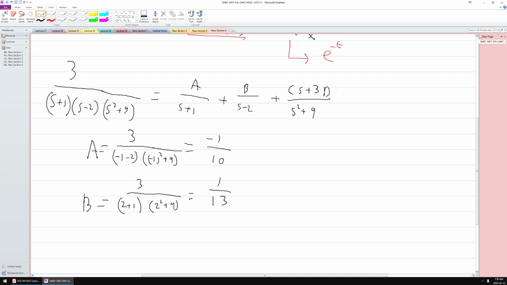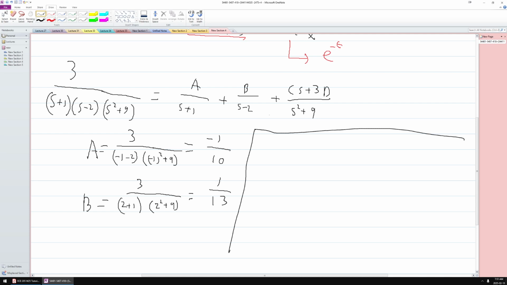Now for c and d, I can use Heaviside method, but by using Heaviside method, I kind of have to instead deal with complex numbers. So your choice is deal with a 2x2 system or deal with complex numbers, which effectively is a 2x2 system, but you're guaranteed it'll be decoupled. So for c and d, what I'll do is multiply by s squared plus 9, and I plug in a root. The roots of this are 3j and negative 3j.